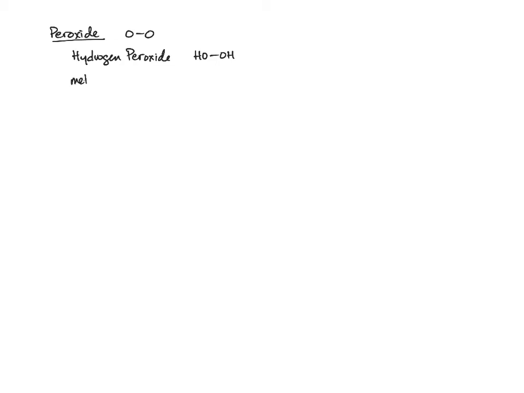Another common organic peroxide is meta-chloroperoxybenzoic acid. This is abbreviated mCPBA, and it has the following structure.